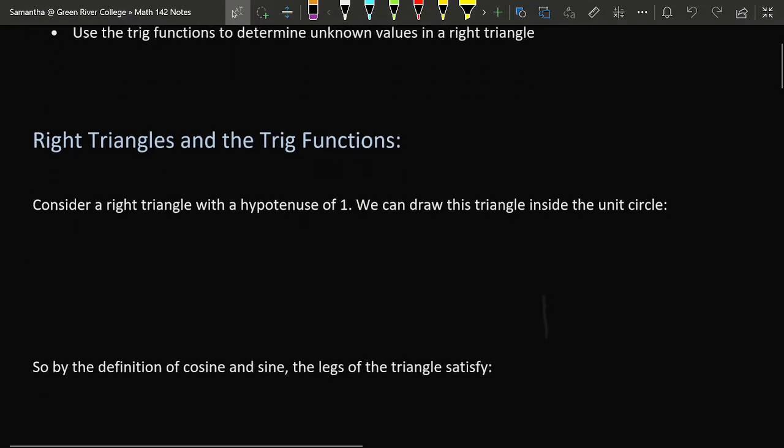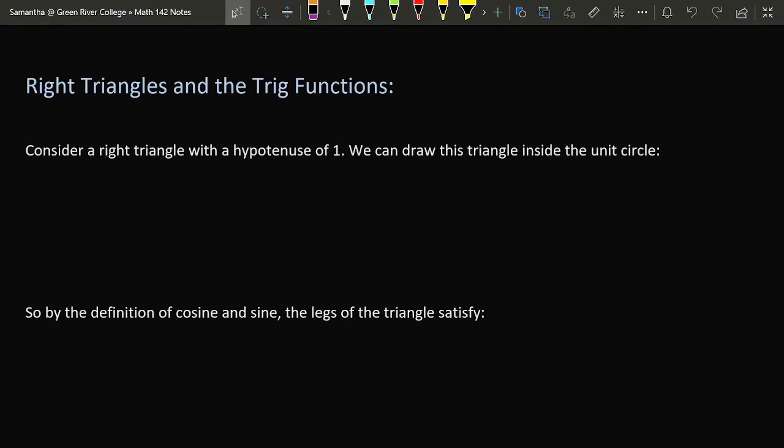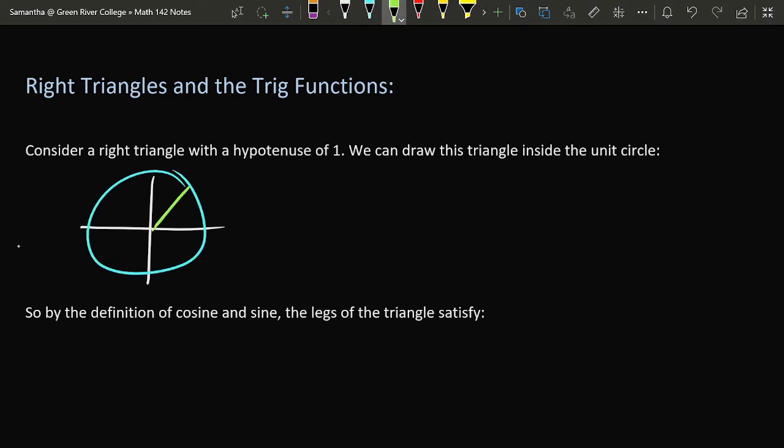Now remember, back when we were deriving the Pythagorean identity, that we were able to fit a right triangle, with a hypotenuse of 1, in the unit circle. The hypotenuse could be drawn from the origin to the rim of the circle and would have a length of 1.